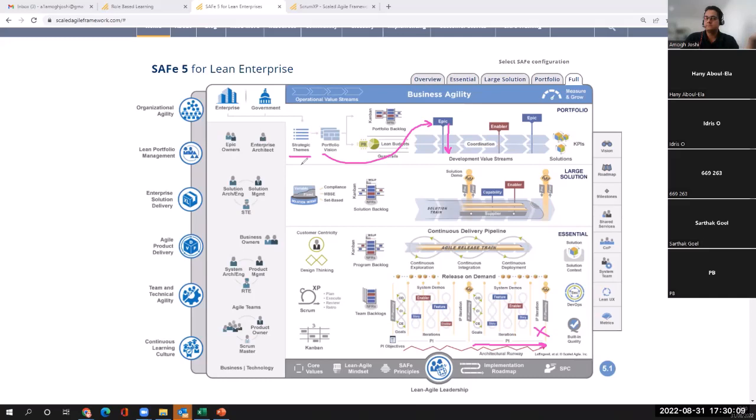Yes, it is aligned to strategic theme because it is ancillary. That might be an epic that cuts across multiple development value streams. For baggage development value stream, for travel agents, or for reservation value stream also, baggage is required. So it cuts across multiple development value streams.